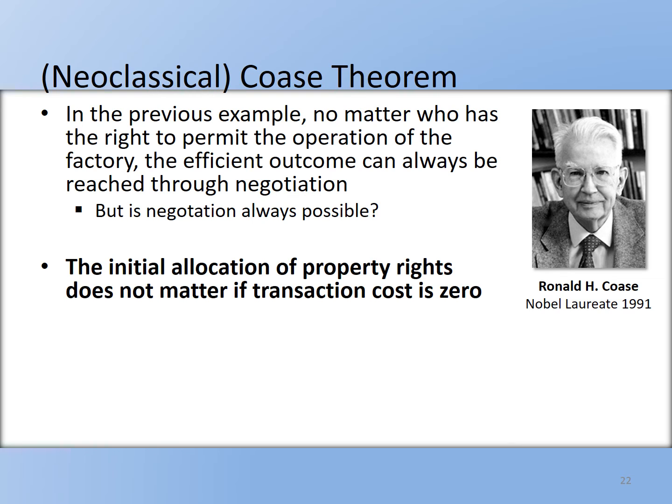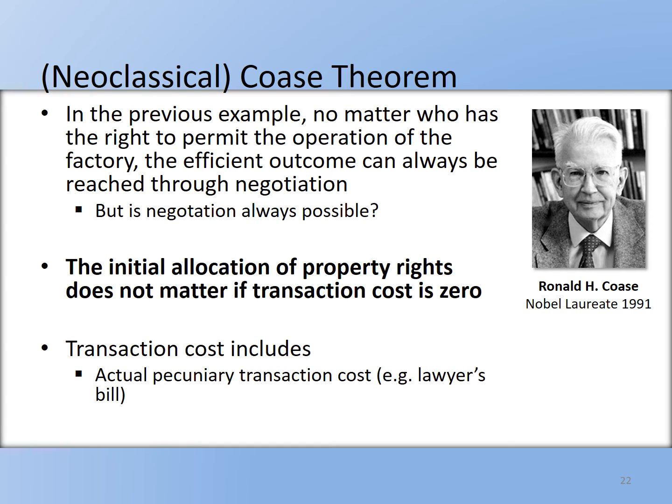Property right is also about rights to do things, in this case. What the Coase theorem suggests is that it doesn't matter who gets the right to decide what to do. If people can negotiate, then the efficient outcome will occur, regardless of who gets to decide initially.